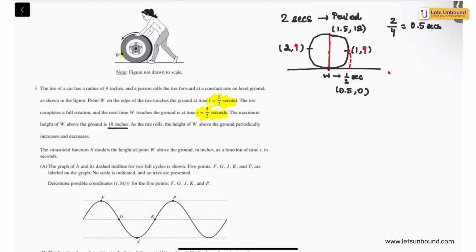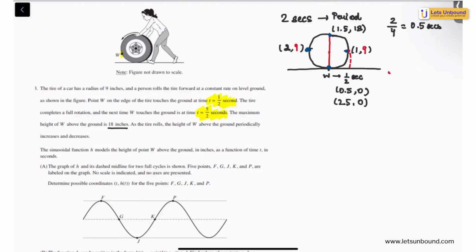So the points of reference are: at 0.5 seconds, the height is 0; at 1 second, it's 9; at 1.5 seconds, 18; at 2 seconds, 9; and at 2.5 seconds, it again becomes 0. So these are the points of reference.